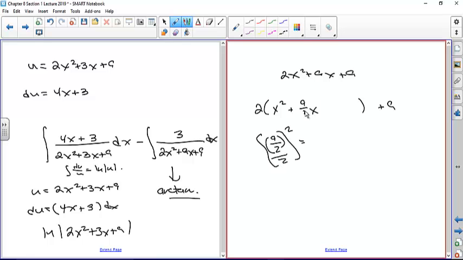Sorry, because I'm dividing by 2, so it's 3 half. It's going to be 9/4, right? I'm dividing by 2 here.